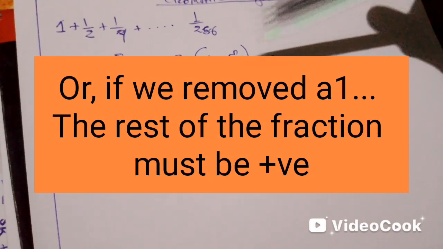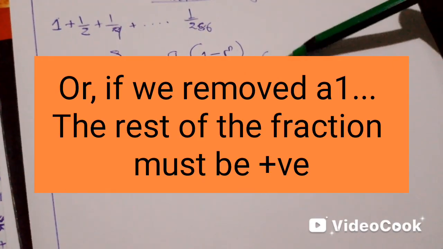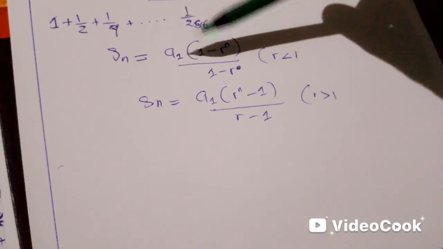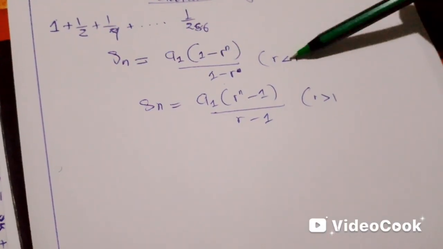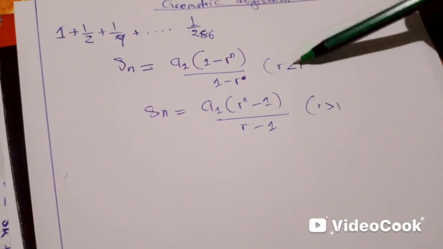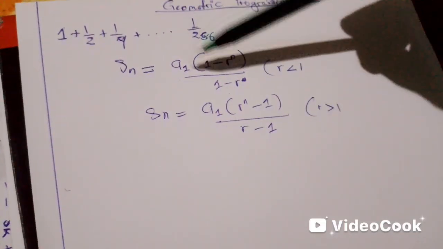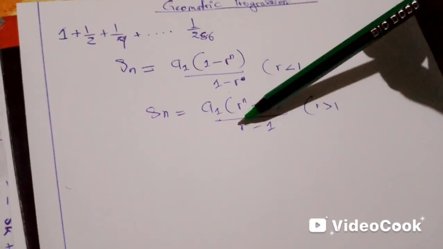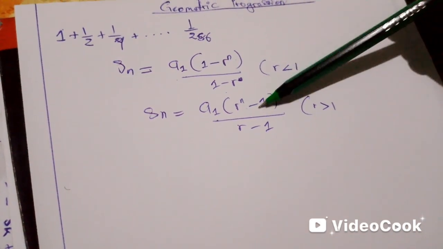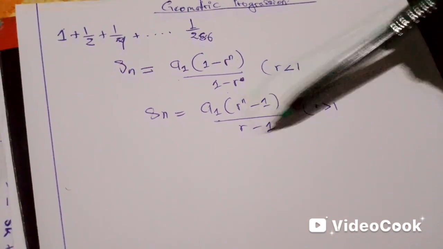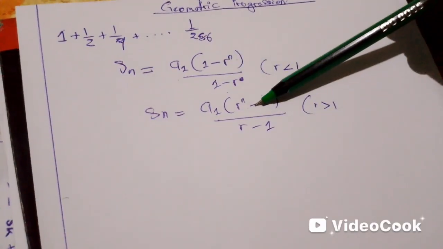If r is less than 1, then r minus 1 gives a negative number, so we put the bigger number in front, 1 minus r. In this other case, r is bigger than 1, so if you say 1 minus r, we're going to have a negative number. That's what to take note of here.